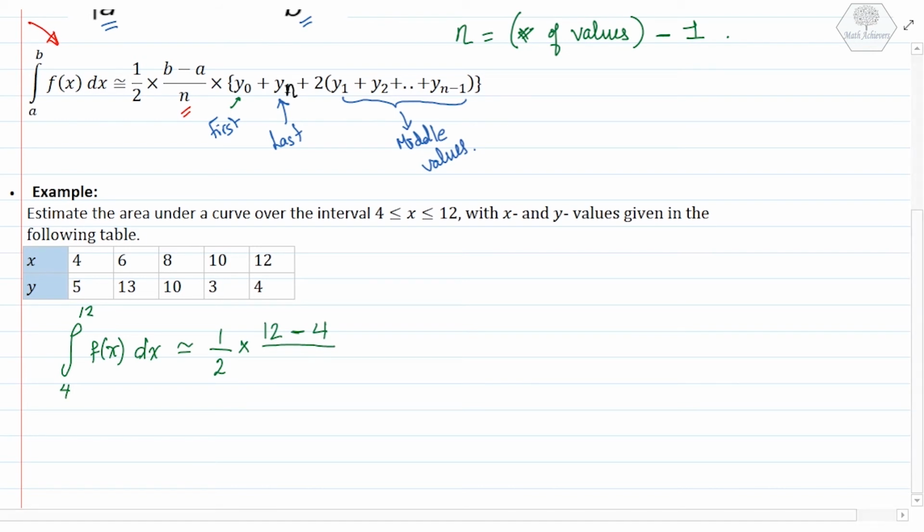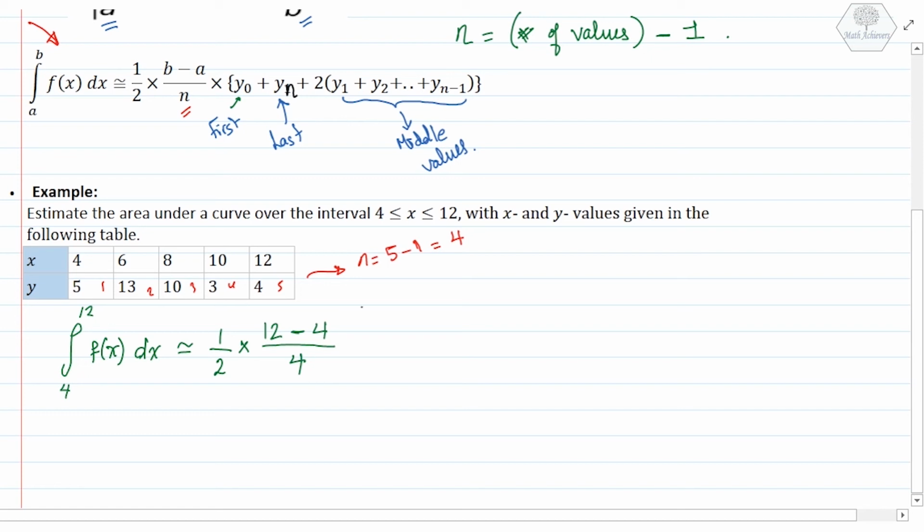In this case, how many values do I have? I have 1, 2, 3, 4, 5. So n is simply equal to 5 minus 1, and it's equal to 4.